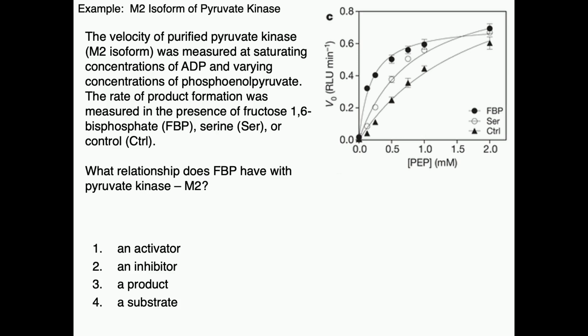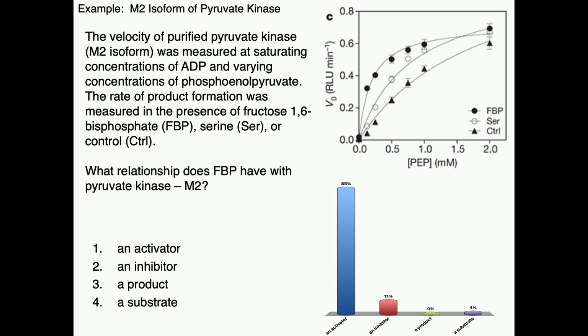Is this pretty simple? So the circles relative to the triangles are shifted to the left. You can just remember the curve being shifted to the left is an activator. But think about what you're actually looking at. At any given substrate concentration, you're going to have more activity in the presence of the activator, right?